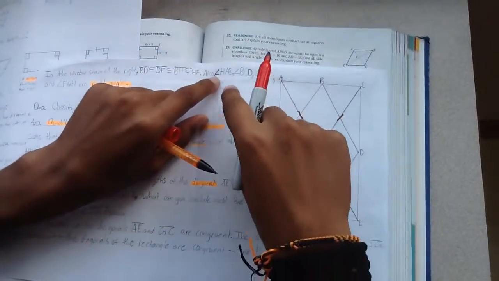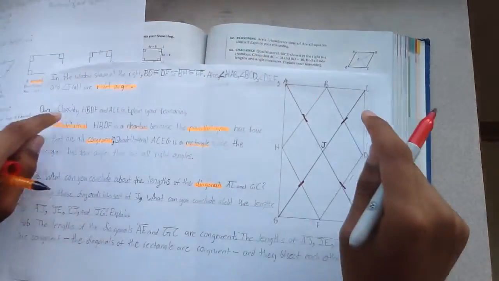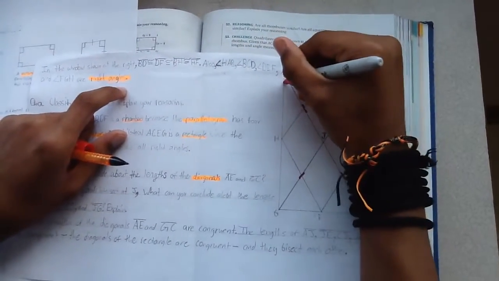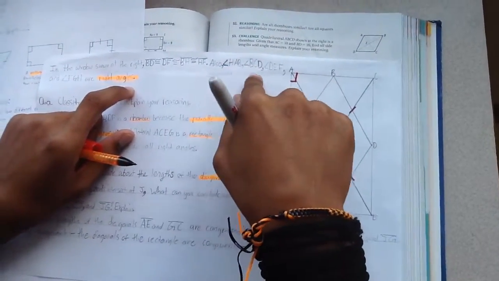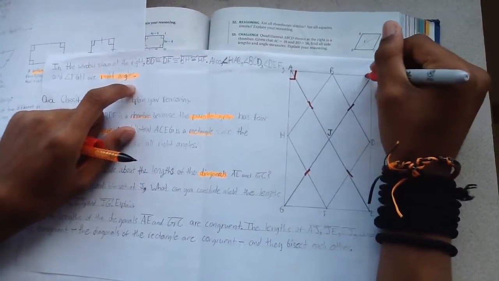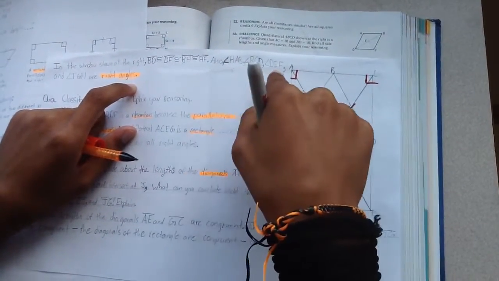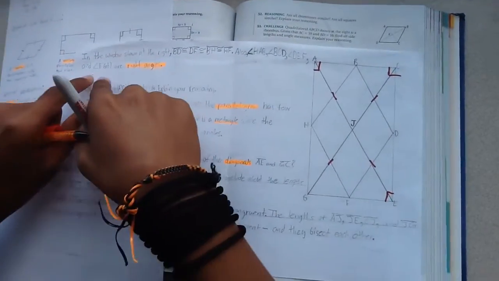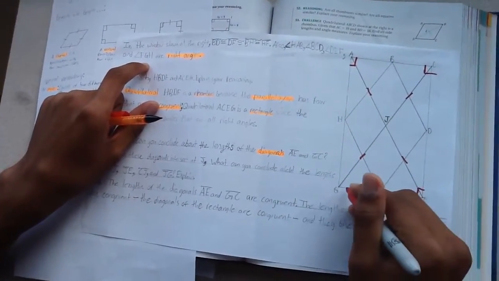Now, the angles HAB, which is a right angle, let's see, HAB, BCD, DEF, and FGH. Now that we have that settled, let's move on to the first question.